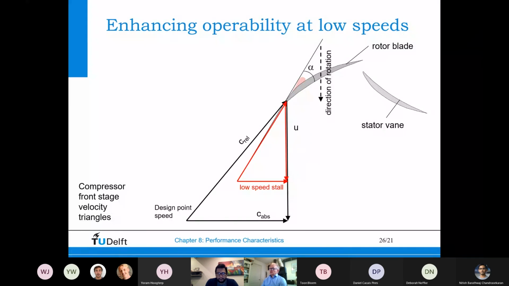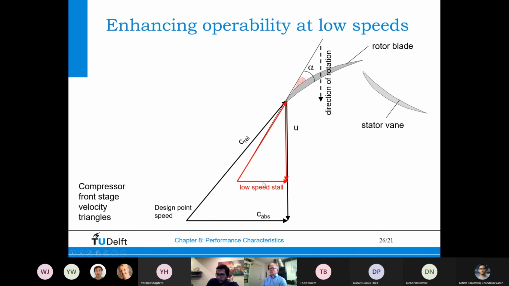And then of course also the rotor speed will drop, but the drop in axial velocity is stronger, meaning that this relative velocity factor will turn to this red one, which means an increase in the angle of attack here. And if we continue, then eventually we get to some point where we get stall.